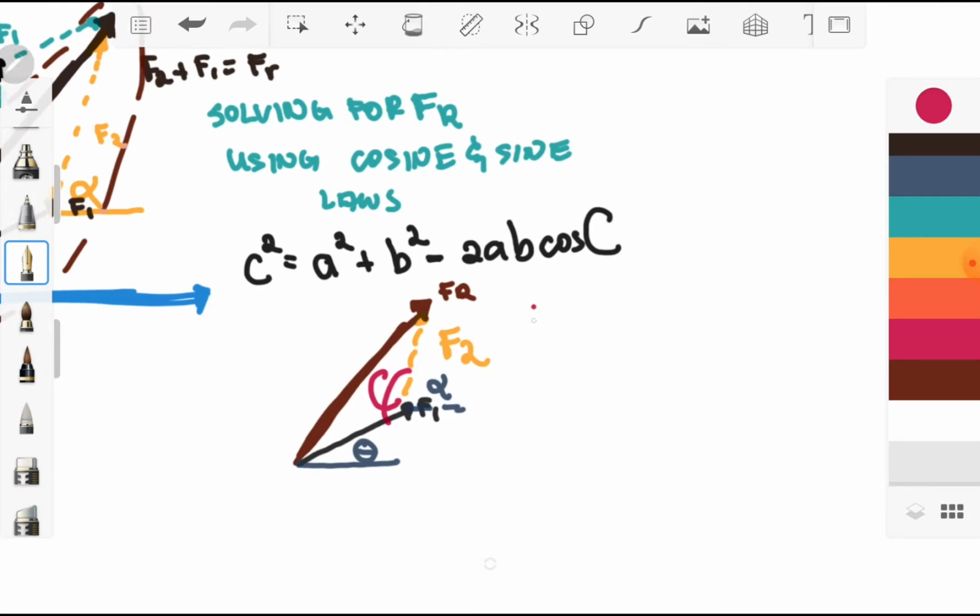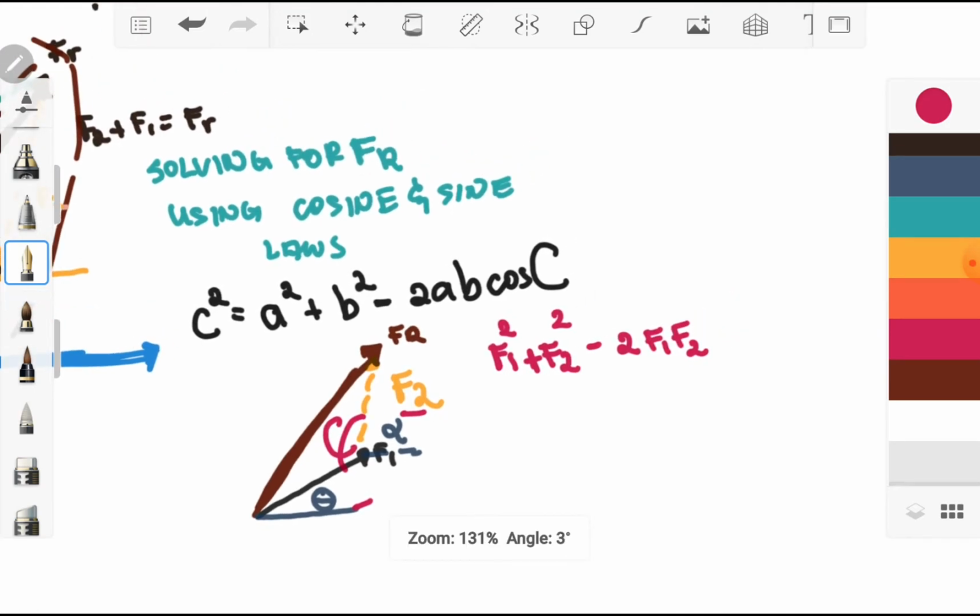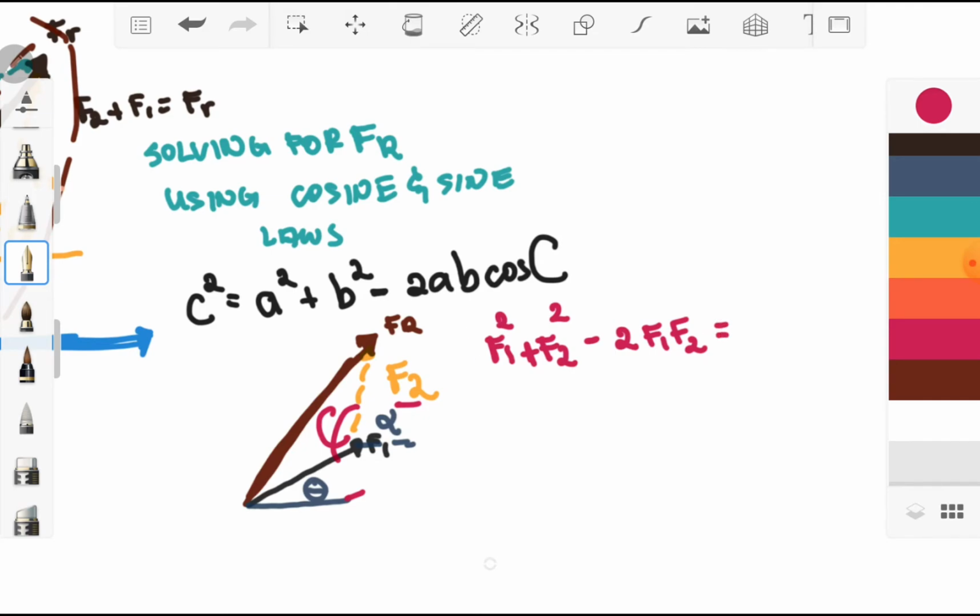Using your cosine law, so we'll have F1, the two adjacent sides of the triangle, F1 plus F2, so F1 squared plus F2 squared minus 2 F1 F2 cosine C or the angle of your FR, which is equal to your C squared or your FR squared.